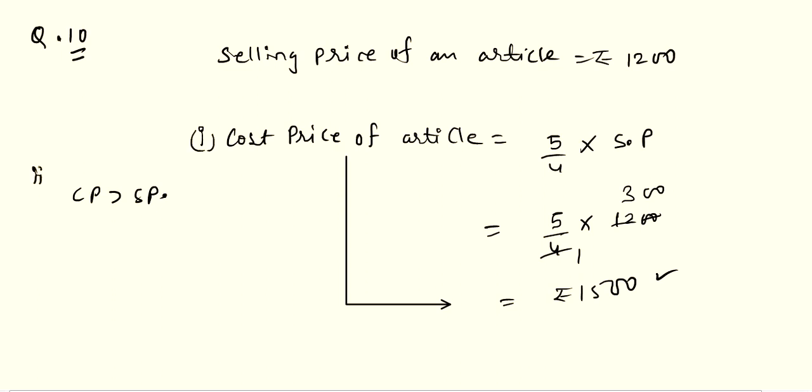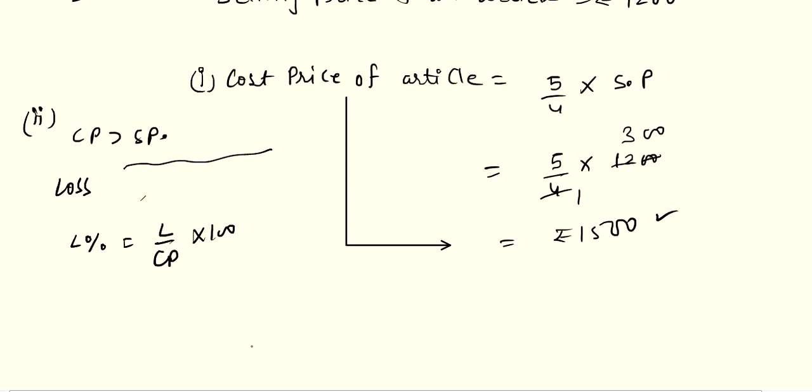Then the second question is profit or loss percent. Simply, CP is greater than SP, so this is the case of loss. You have to write cost price is greater than selling price, so this is the case of loss. Loss percent equals loss upon CP into 100. First, loss equals CP minus SP, so 1500 minus 1200 gives rupee 300 loss.